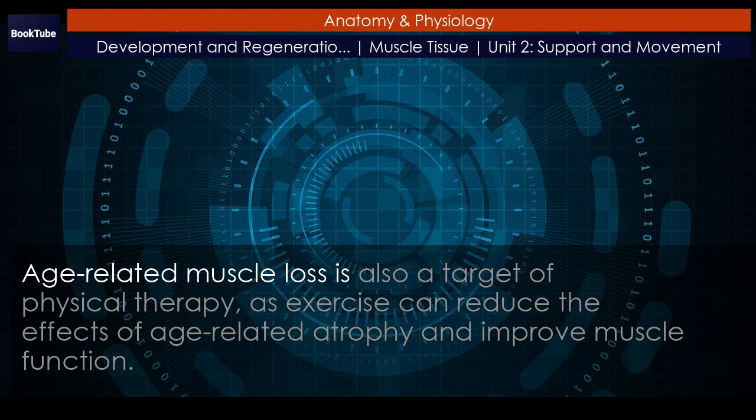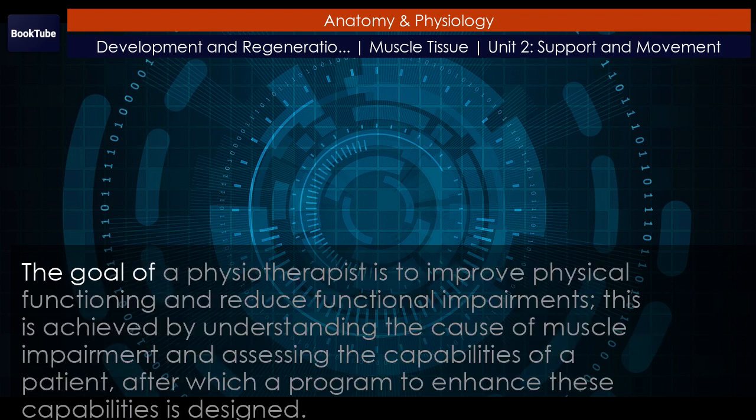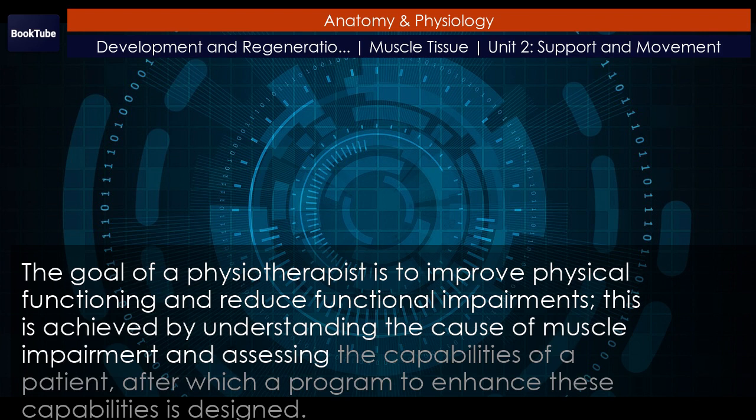Age-related muscle loss is also a target of physical therapy, as exercise can reduce the effects of age-related atrophy and improve muscle function. The goal of a physiotherapist is to improve physical functioning and reduce functional impairments. This is achieved by understanding the cause of muscle impairment and assessing the capabilities of a patient, after which a program to enhance these capabilities is designed.